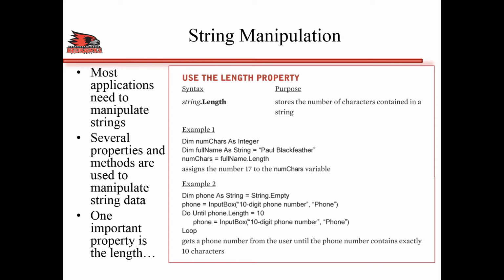Each string has its own length property, and we can use this to maybe run an if statement to find a certain letter or a certain character in the string and do something with it. Like if you're looking at an inventory name, like flashlight, let's say.